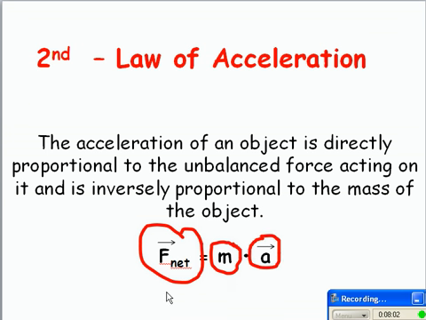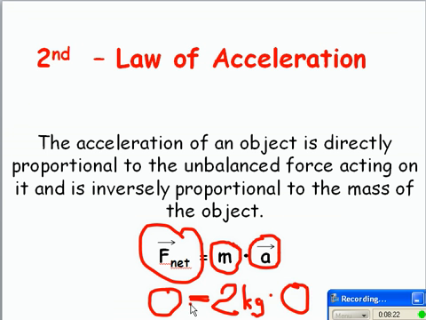So if there's no net force, you would have 0 here for no net force, and you would have to have some sort of mass, so we'll just say 2 kilograms, and we would see that if there's no net force, then the acceleration would have to be 0, or the equation would not be true. So the correct way to state the law is the acceleration of an object is directly proportional to the unbalanced force acting on it and inversely proportional to the mass of the object.